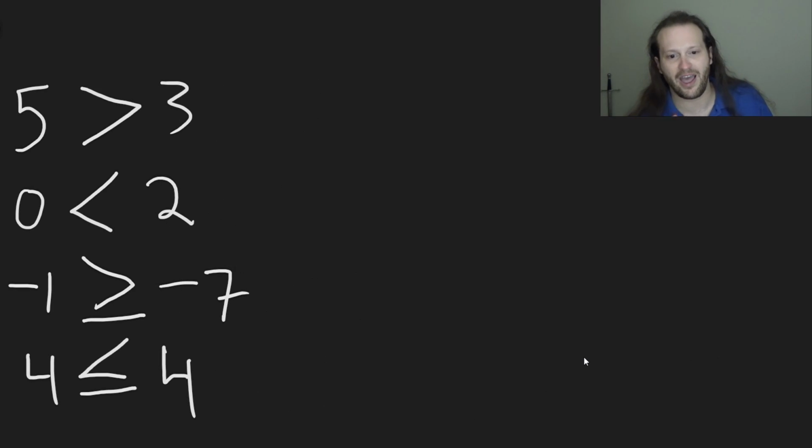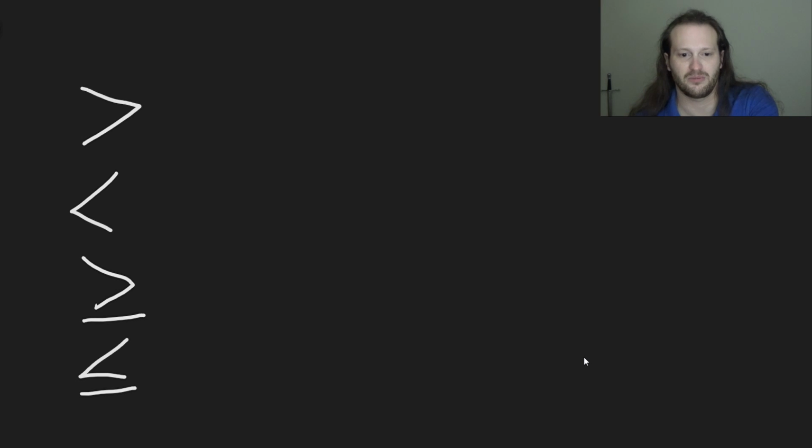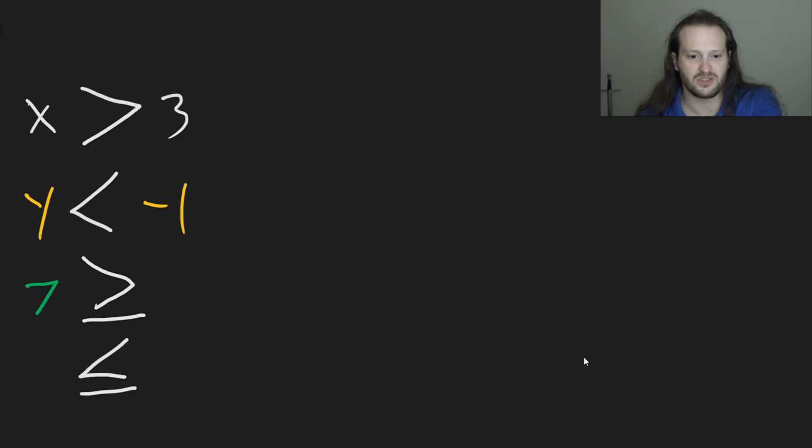So we can graph the range of values for these things if they have variables to them. So we say like x is greater than or equal to 3. Maybe I'll even use different colors. Y is less than or equal to -1. Z is greater than... No, these are just strict.